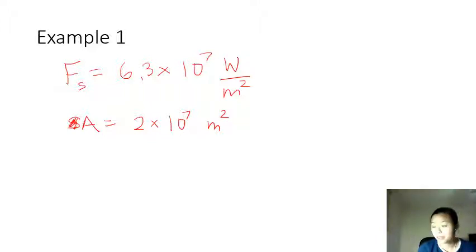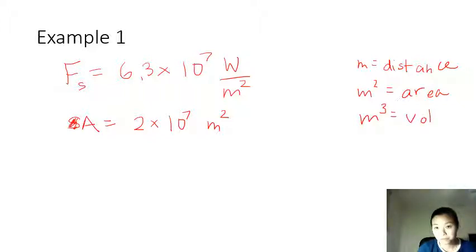To remind you, something in meters is a distance, something in meters squared is an area, and something in cubic meters is a volume. So what we have here is an area.